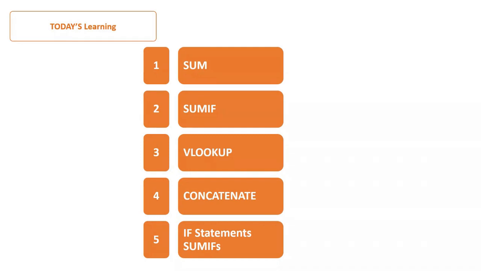The fourth one is Concatenate. I see a lot of people wasting a lot of time on some things, which we'll talk about, and this can really help. And then the last one, I was going to do IF statements, but during my research, I found that we have something amazing and much easier, which is Sumif. So we're going to talk about that.